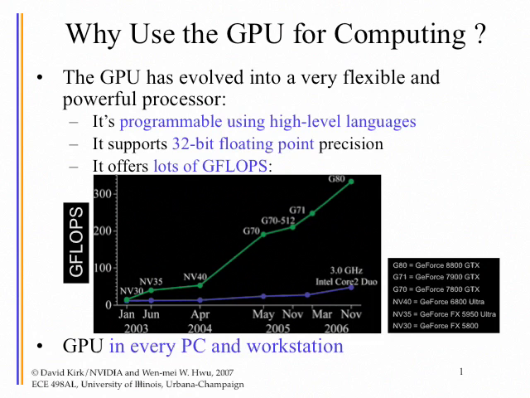And one of the reasons why we're using the GPU for this class is that, over the past 4 years or so, the performance improvement of the general purpose CPU has slowed compared to the historical trend. And the reason why it slowed down is because of power consumption issues. These chips are just running too hot.